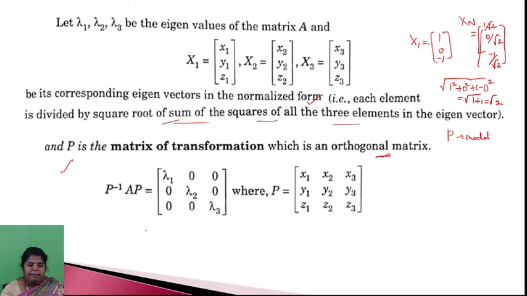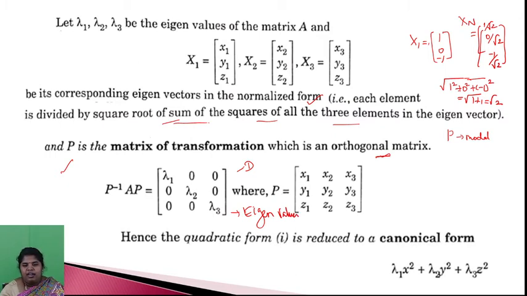Now find P inverse AP, a similar procedure here also. Find P inverse AP, we can get the diagonal matrix. The diagonal elements correspond to the eigenvalues. Here also the diagonal elements must be the eigenvalues.